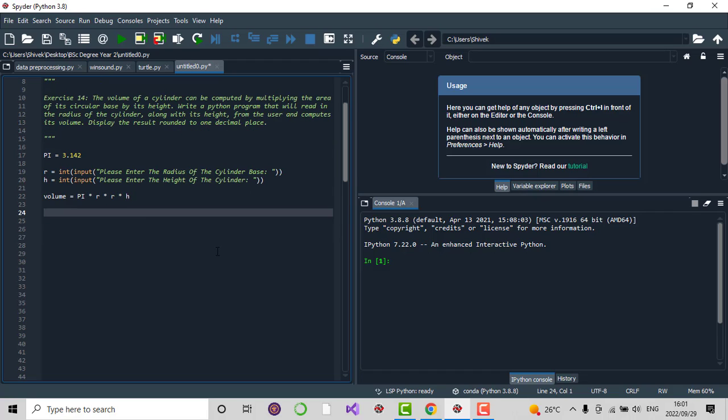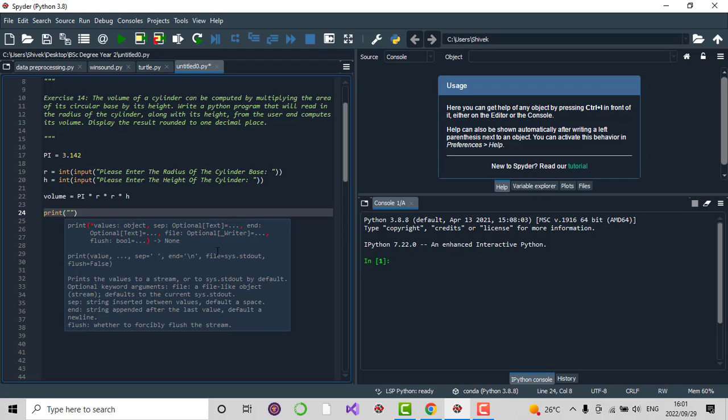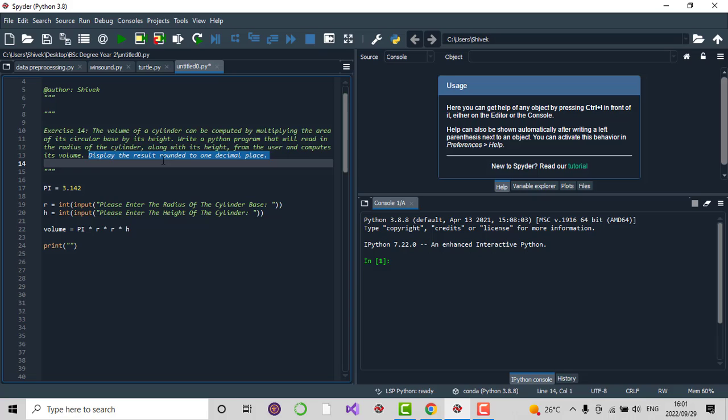That's good. They also specified that the output of the program must display the result rounded to one decimal place.